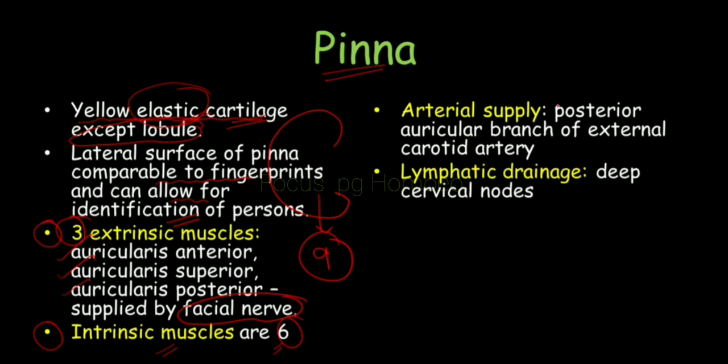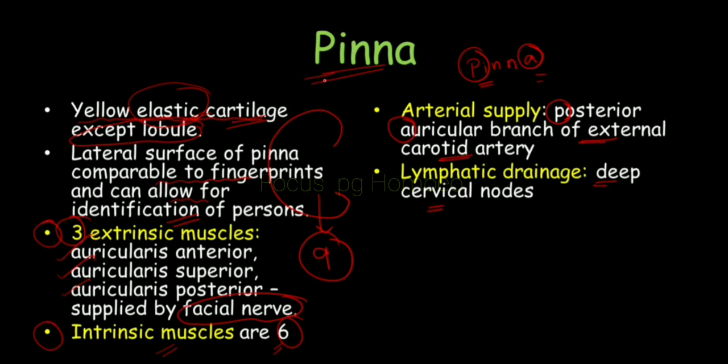For arterial supply of pinna, you can remember PINNA: P and N, A you can take. So it is the posterior auricular branch of external carotid artery, and lymphatic drainage is by deep cervical nodes.